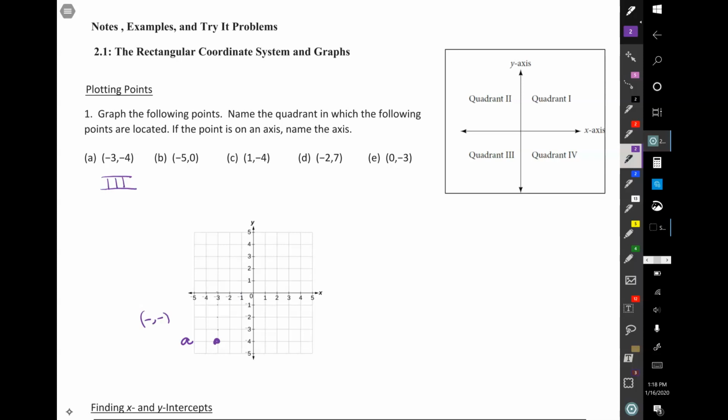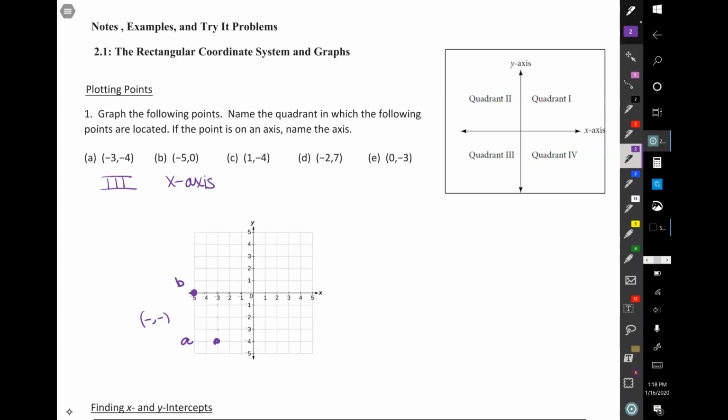So again, I'm going to hover over the 0, and then I'm going to just move 5 units to the left. There's no vertical change, so I'm just going to plot the point there. Again, this really should be reviewed, but I'm just refreshing for you, especially with the quadrant naming. The quadrant that is in, we would just say x-axis.